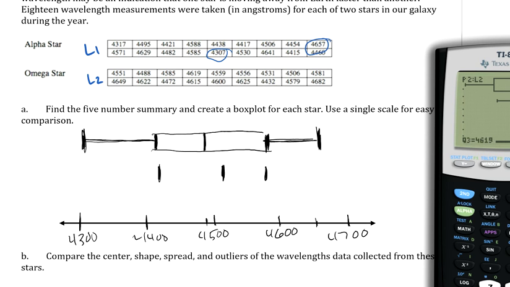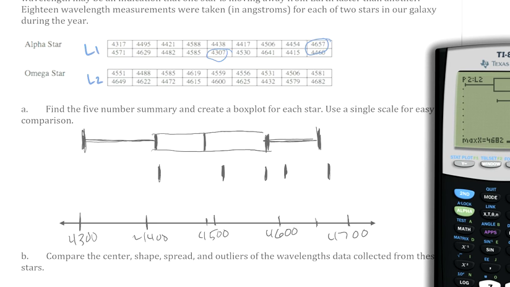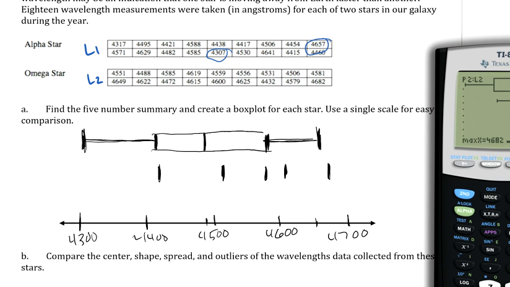Sorry, that was the median. Q3 is at 4,619, so here's 619-ish. And then finally the maximum value was 4,682, so somewhere just right in here. So with those, now I can finish off this box plot, this line and this line.